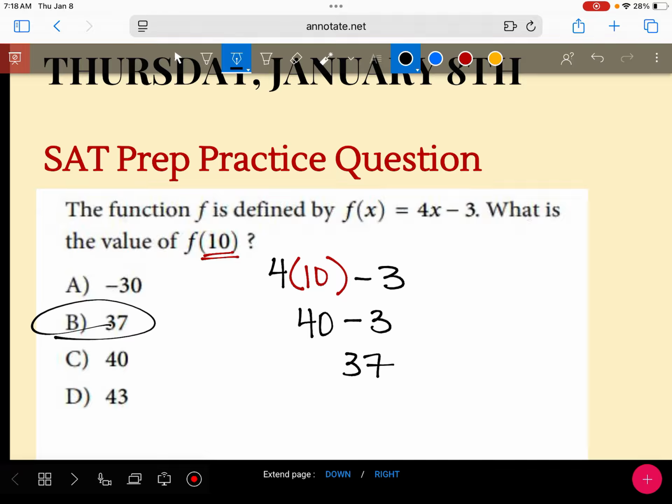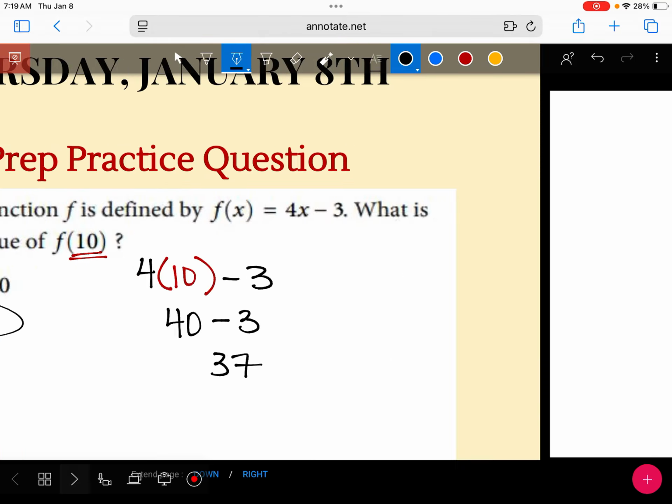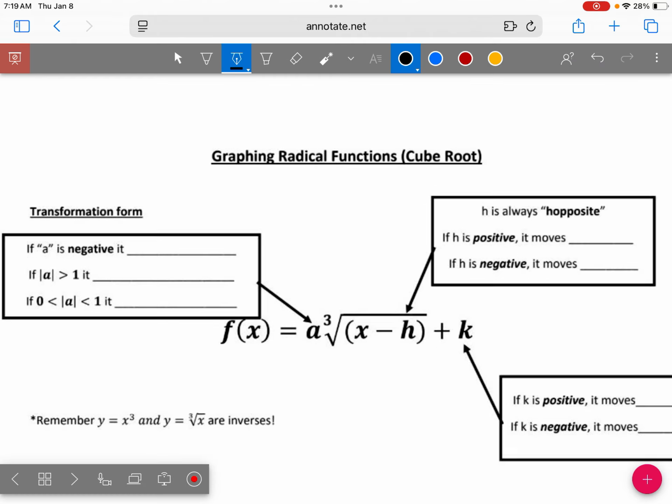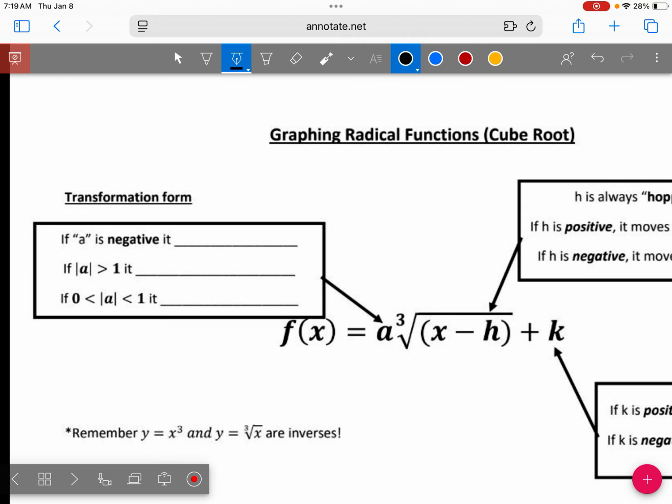All right, so now let's go to our notes. Yesterday we graphed a square root. Today we're going to graph cube root. So in your notes, go to page 7. Now all of these are the same as a square root function.